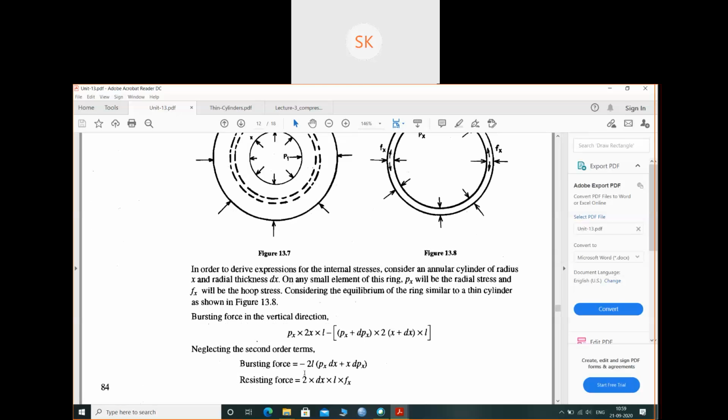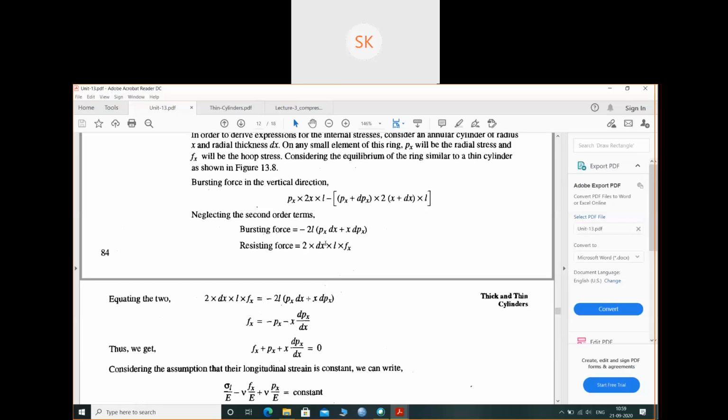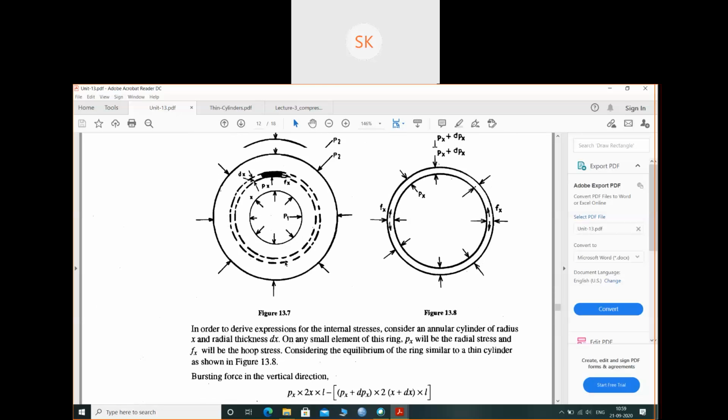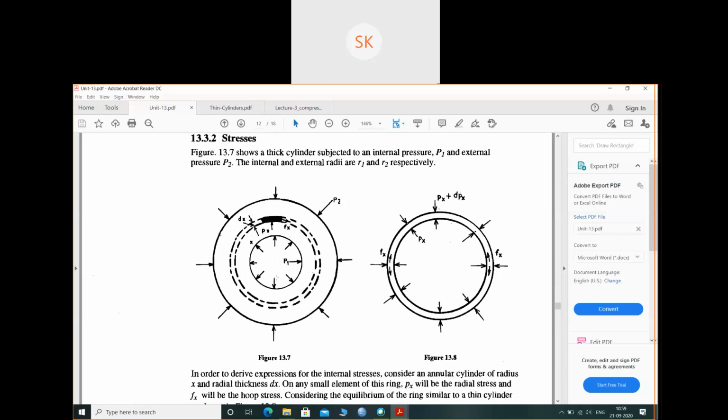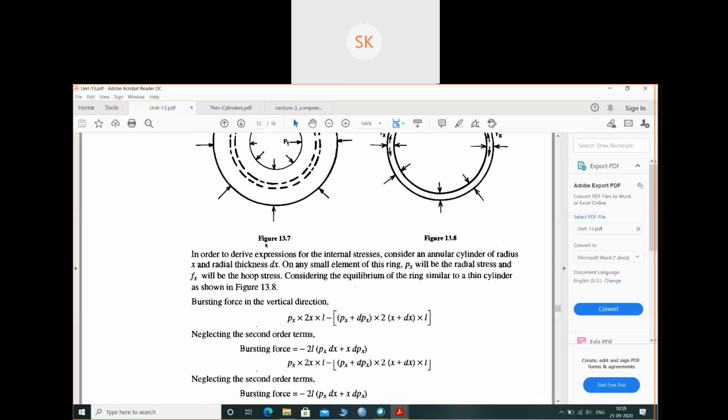So we have the formula for the bursting force and the formula for the force resisting it, and we have to equate them. The bursting force is trying to explode the cylinder and the other force is trying to resist it, so they should be in balance, otherwise it will burst out.